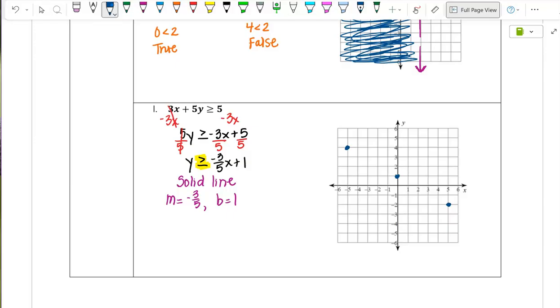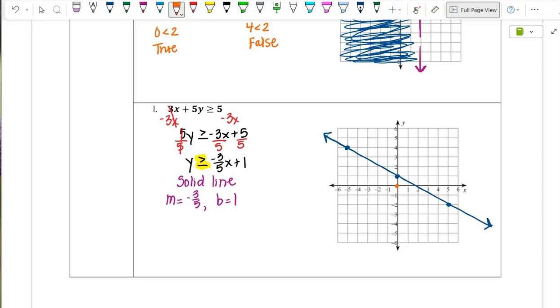Again, it just gives me another point to line up my graph. It's a solid line, so I'm drawing my line using my straight edge. And again, I need to test my points on either side.